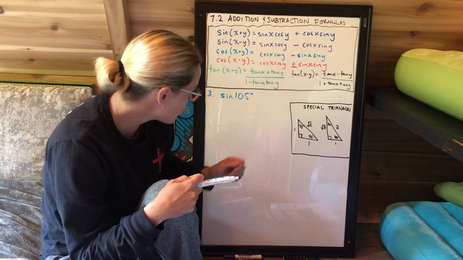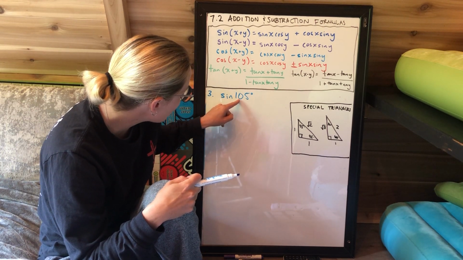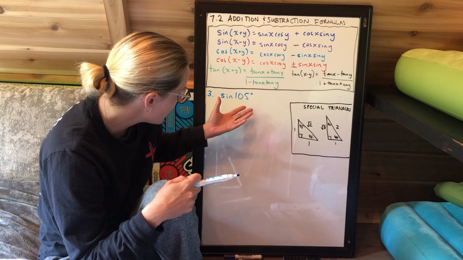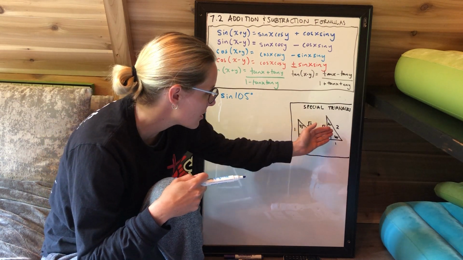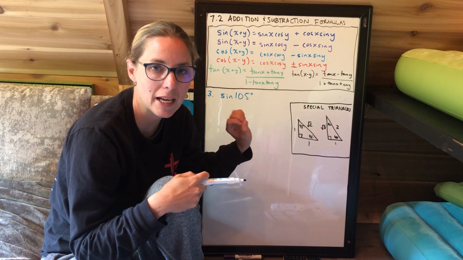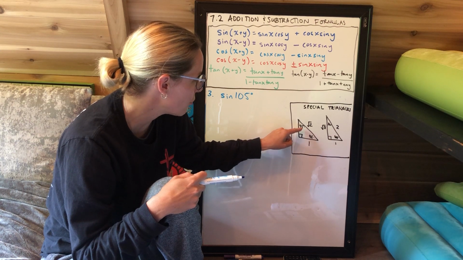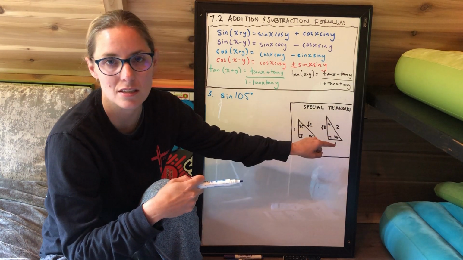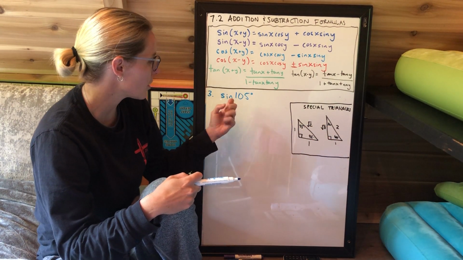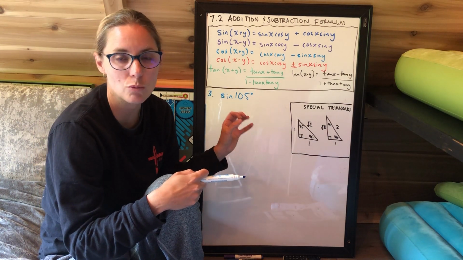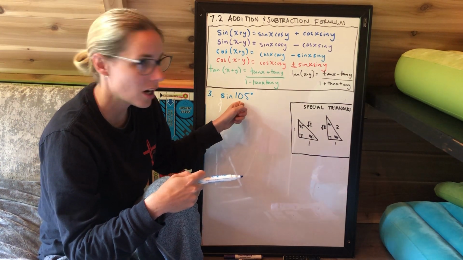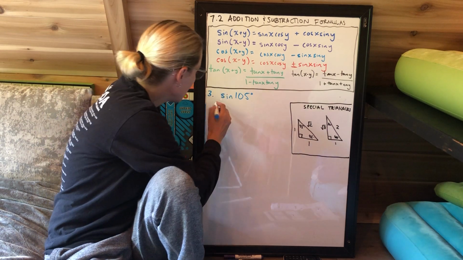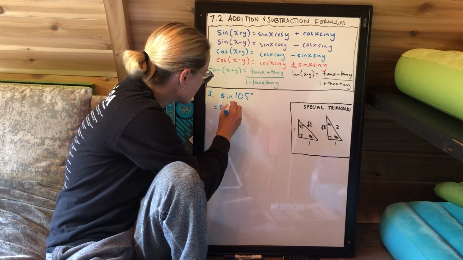But what you want to do is try to break up the 105, making an addition that uses some of the special triangle angles. So we're looking for things that are either 45s, 30s, or 60s. So basically, what two numbers out of 45, 30, and 60 could we use to make 105 degrees? Well, it doesn't take too long before you go, oh, I see.